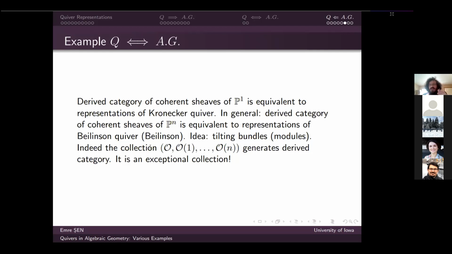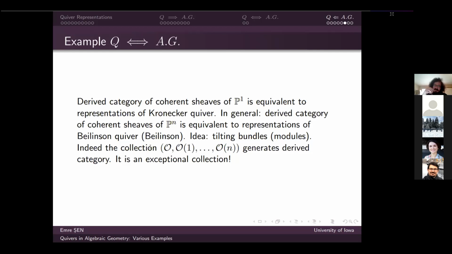And one thing we can say about these tilting bundles, also it appears nowadays in the context of cluster theory. Those are the bundles, the modules of projective dimension at most one, and don't have self-extension, and they appear in their resolution. So the A appears as a kernel of the map, right?